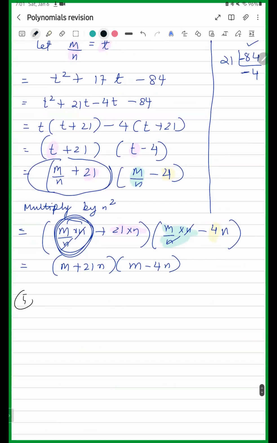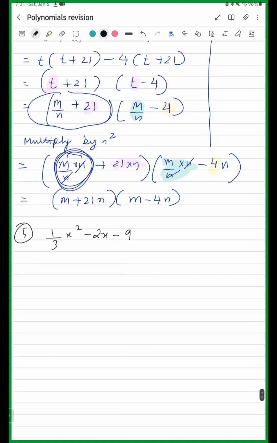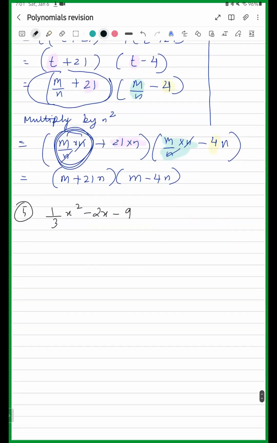Okay, let's do this question. 1 by 3 x square minus 2x minus 9. Okay, 1 by 3 x square minus 2x minus 9. So now we just go in normal way.